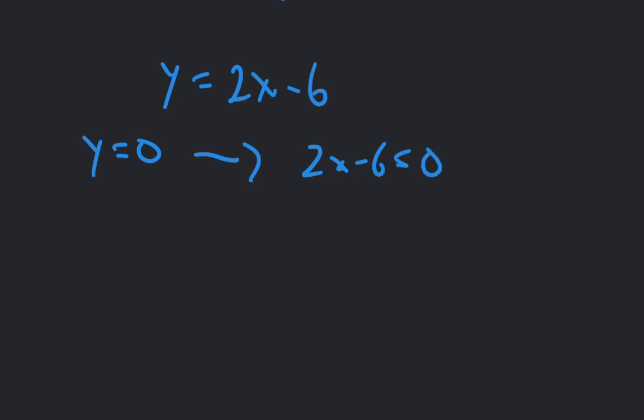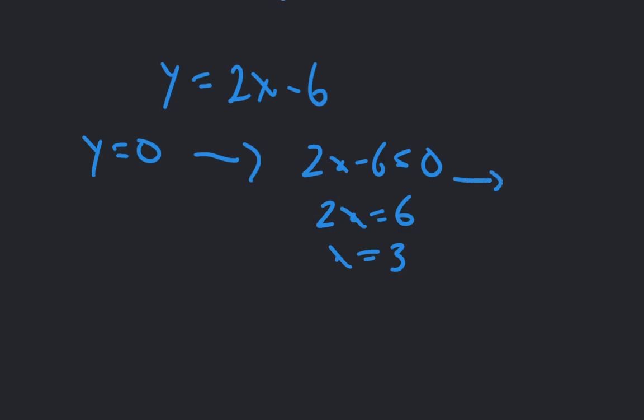A more complicated example could be like y is equal to 2x minus 6, for example. So the first thing we would want to do is let's let y equal 0 in this. So now we get 2x minus 6 is equal to 0. 2x is equal to 6, or x is equal to 3.